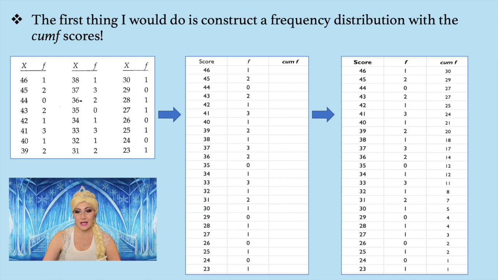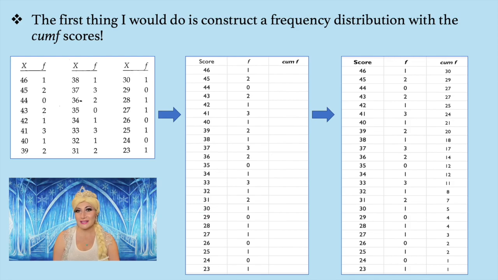For example, I have 30 as my cumulative frequency. 30 minus 1 gives me 29. 29 minus 2 gives me 27. 27 minus 0 will stay at 27. 27 minus 2 brings me to 25. So on and so forth all the way down the line.